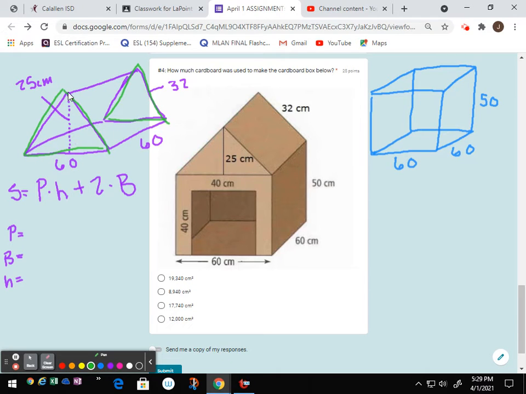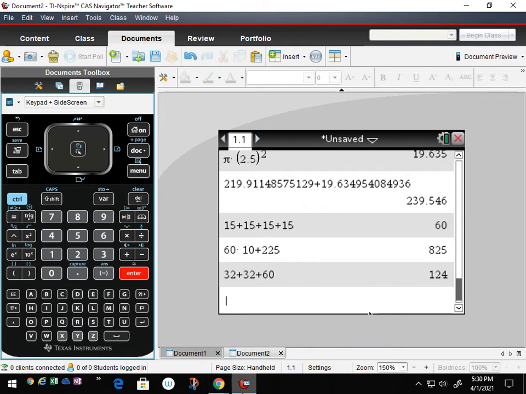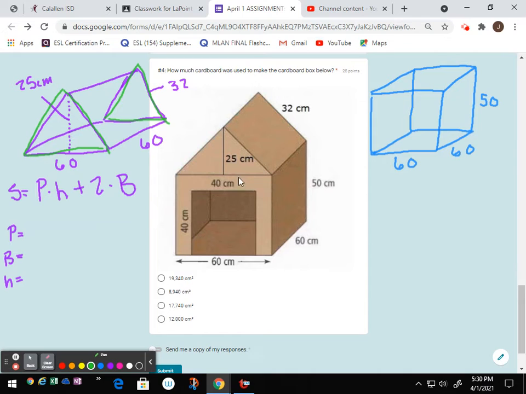We can see that the side lengths from back here are 32. So we have 32, this side's 32, and our base is 60. Let's add all those numbers up real quick. 32 plus 32 plus 60 is equal to 124. Okay, so our perimeter is 124.